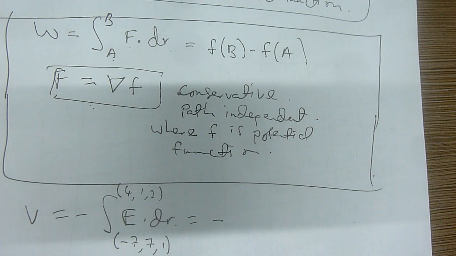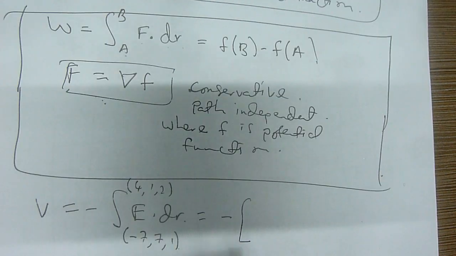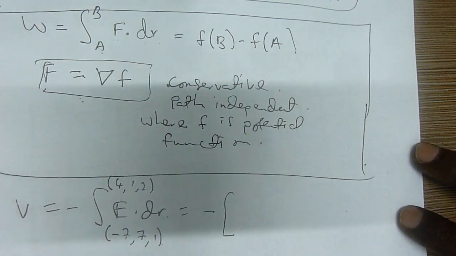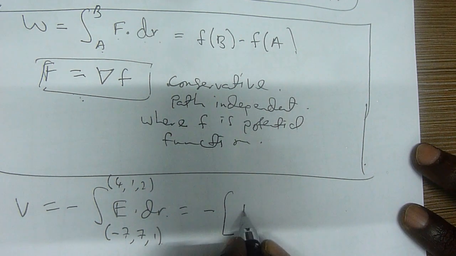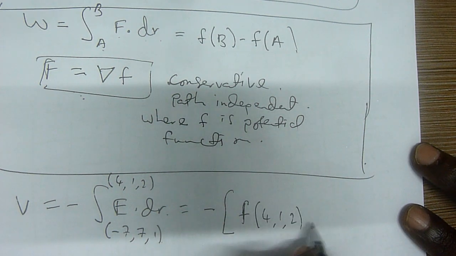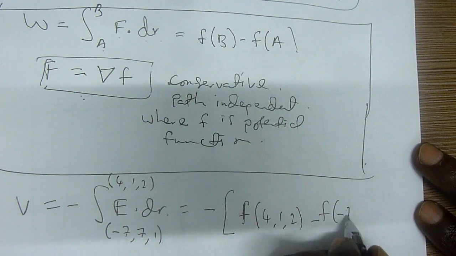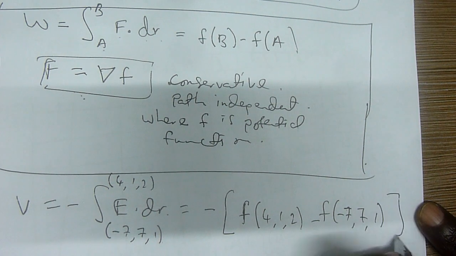The path is in reverse order, but don't worry about that. Whether the answer exists or not is not the issue, but I want you all to learn the skill. Here we just pick f(4, 1, 2) minus f(negative 7, 7, 1). Okay, done.